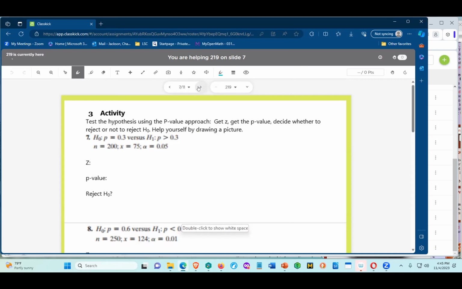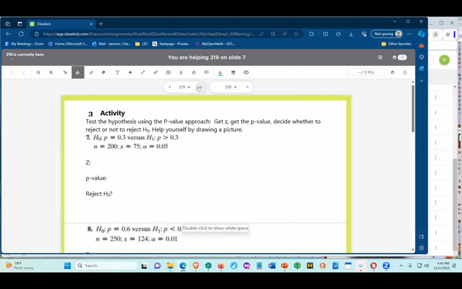Just so you're aware, there's another approach called the critical value approach. There's an even other one beyond that called the confidence interval approach. But everyone in stats in this century uses the p-value approach, and we are going to keep it to the p-value approach.